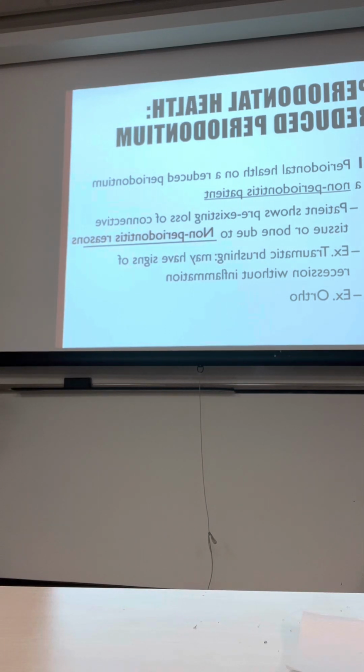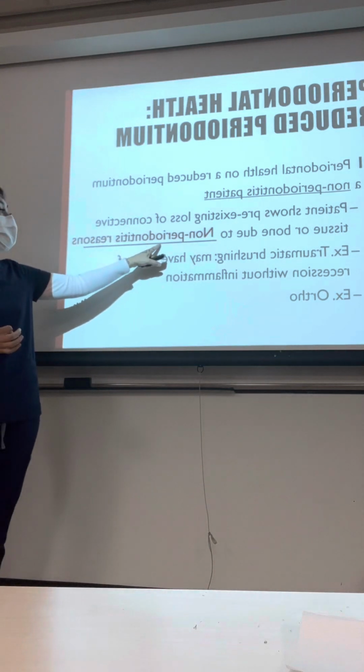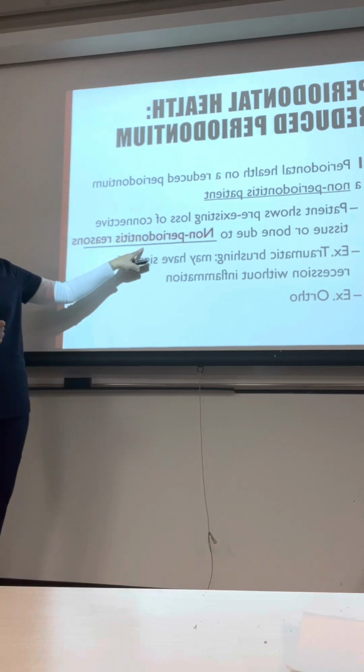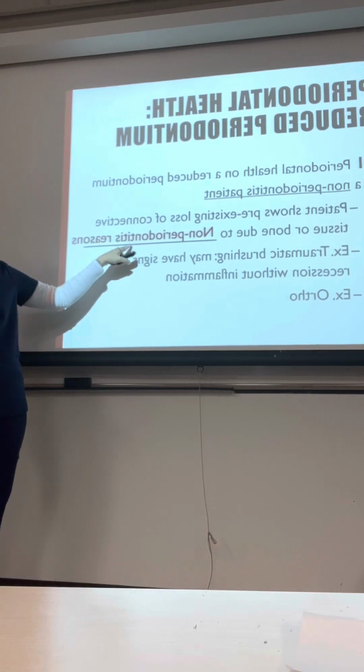Here we think about someone who brushes really hard, or someone who had ortho treatment that moved their teeth too fast. When teeth move too fast, that causes bone loss. So non-perio patient means they have bone loss or tissue destruction, but it's due to non-disease reasons.